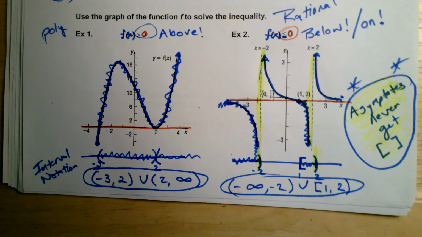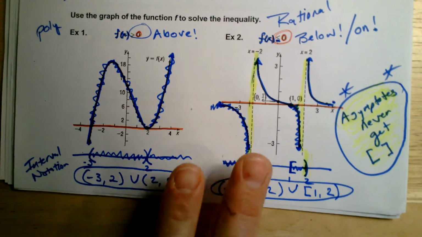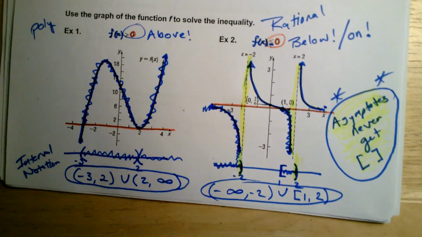Undefined asymptotes never, ever get brackets. How are we doing visually, guys? Are we okay with this? Any questions? Give me a thumb where we're at, guys. Give me a thumb. Thumbs up. Mr. Gotsch. Thumbs up. Thumbs up. All right, all right. Thanks, guys.